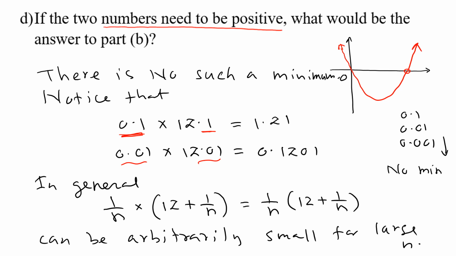Since this simply goes to 0 when you pick larger and larger n, that means there is no minimum value if the numbers need to be positive. Very interesting problem.